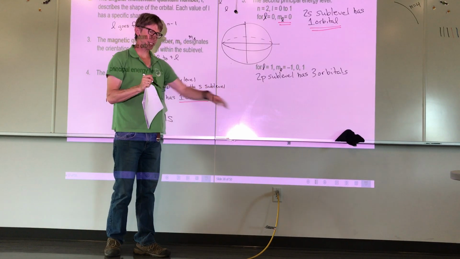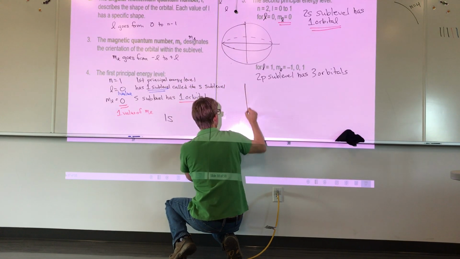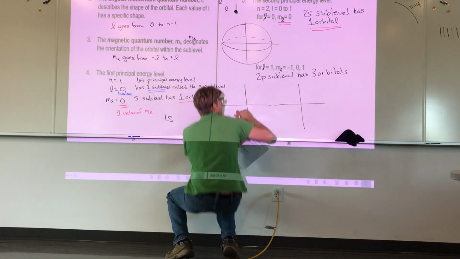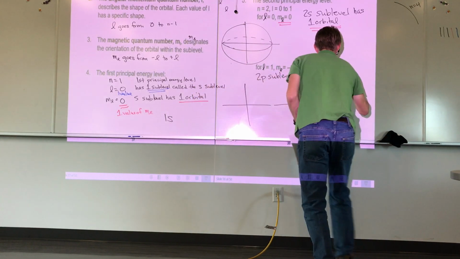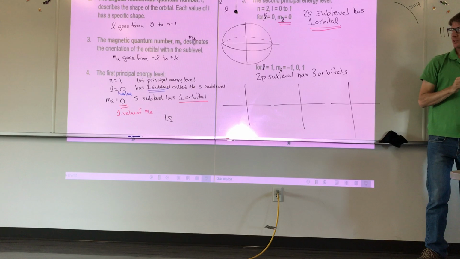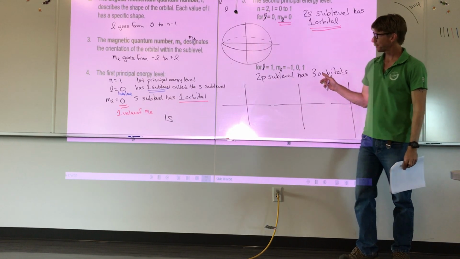For the 2p sublevel, there are 3 different orbitals.